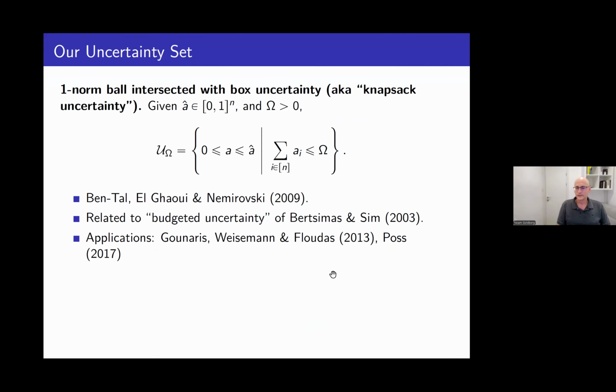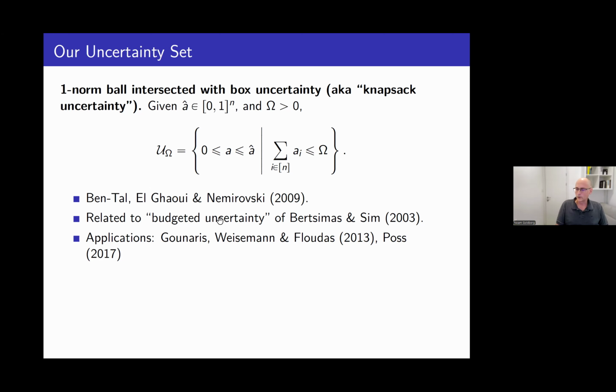So the uncertainty set that we consider is the intersection of a one-norm ball with box uncertainty. In some places, it's known as knapsack uncertainty, and we denote it here by U_Omega. Here the deviations are bounded by this a-hat, and the sum of deviations is at most Omega.